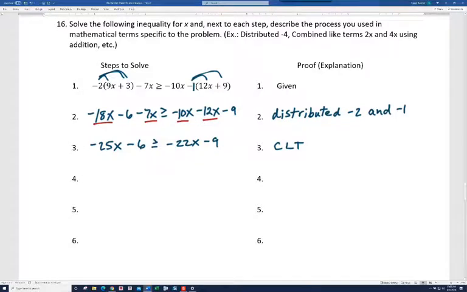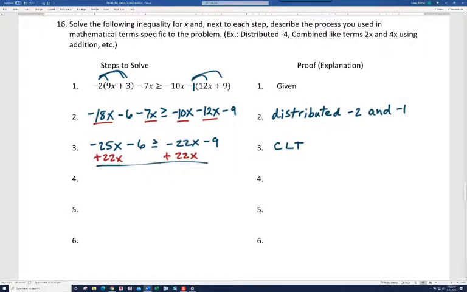All right, next step. So notice we have no more simplifying to do. We have no like terms on this side, and we don't have any like terms over here on this side. And so now we're ready to think in terms of, do we have x isolated on one side? Well, it's actually on both sides. That means we've got to get rid of it on one of the sides. So I'm going to go ahead and add 22x to both sides.